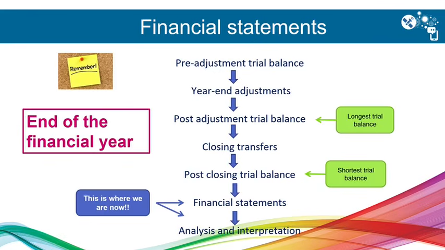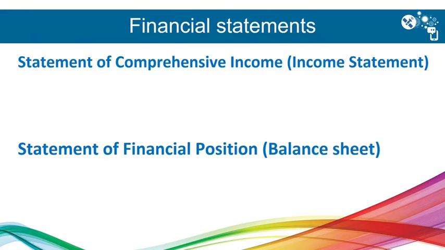And certain things must happen at the end of the year where we calculate the net profit, where we show our financial statements. We have two financial statements. The statement of comprehensive income, your textbooks will most probably still show income statement. It's the same thing. Statement of financial position or the balance sheet. In the statement of comprehensive income, we calculate the net profit for the year.